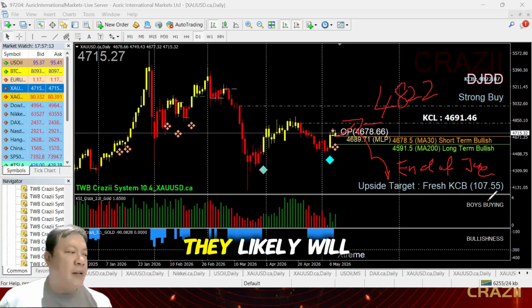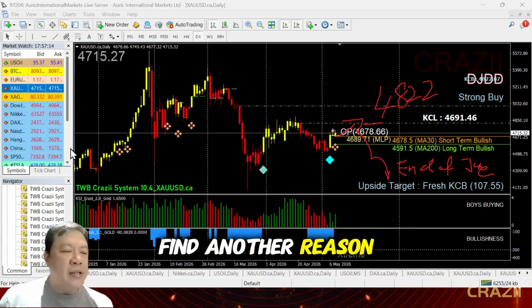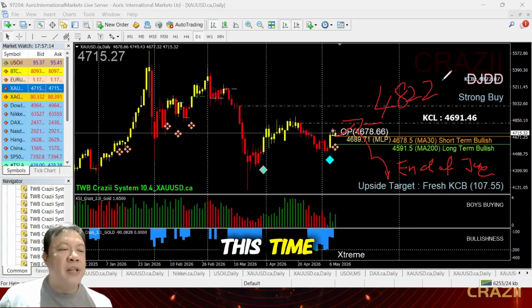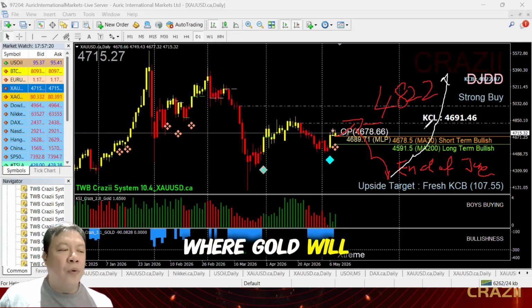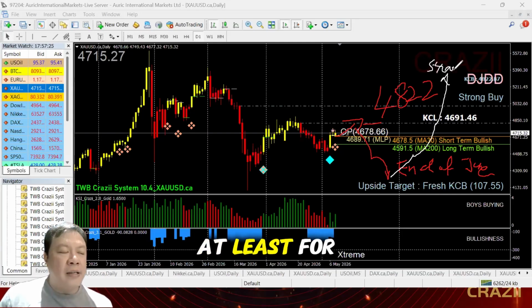And then after that, they will likely find another reason to prop it up this time. And that is where gold will go back up again to at least 5,400.